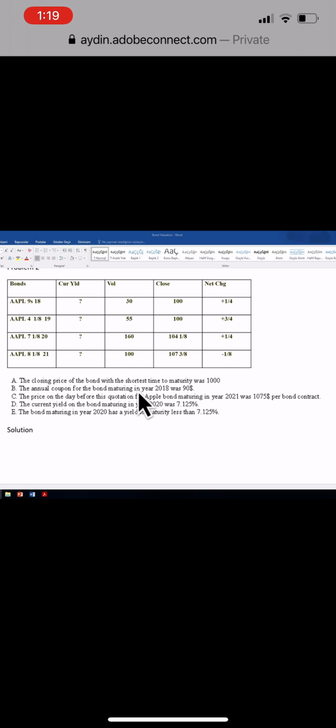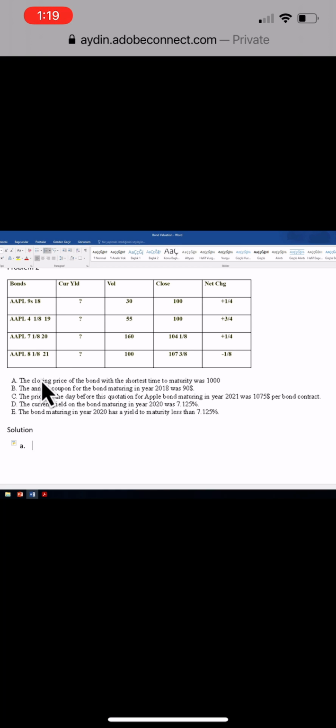The closing price of the bond with shortest time to maturity. So what does it mean, shortest time to maturity? Basically we have to look at these years, right? And we have to select the bond with the shortest time to maturity, which is 2018, because it has the shortest time to maturity since the issuance, right?